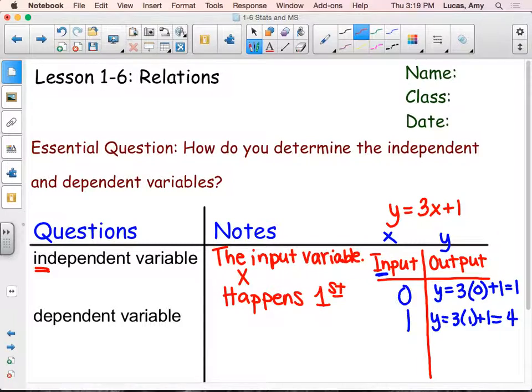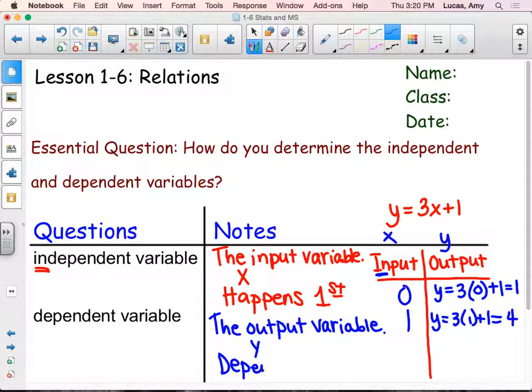The dependent variable is the output variable, or y. And that output variable, or y, depends on the other variable. So it depends on x, or whatever the other variable is that you're working with.